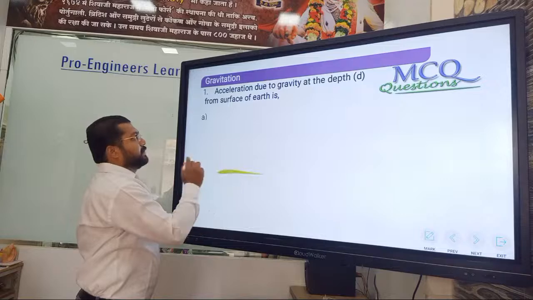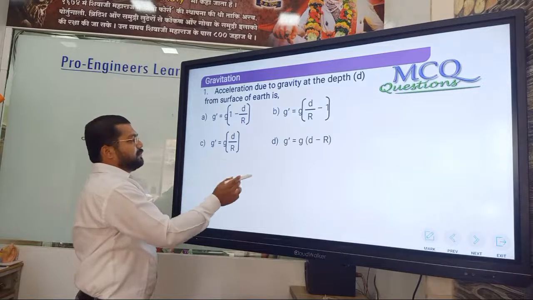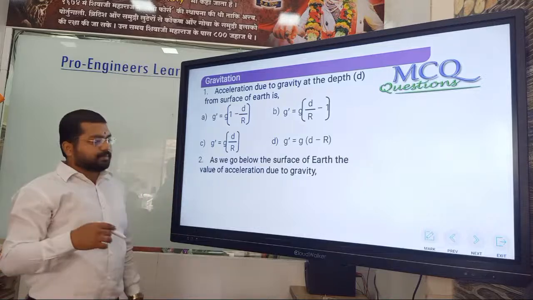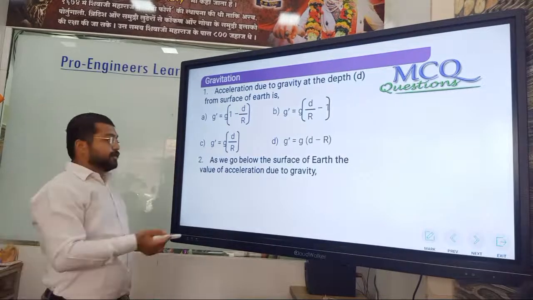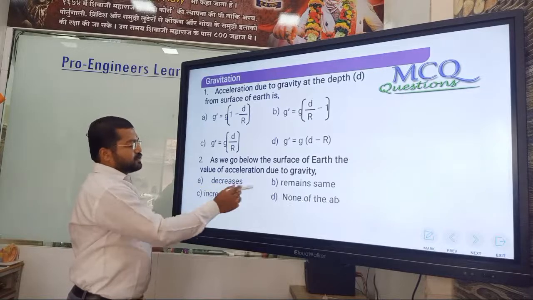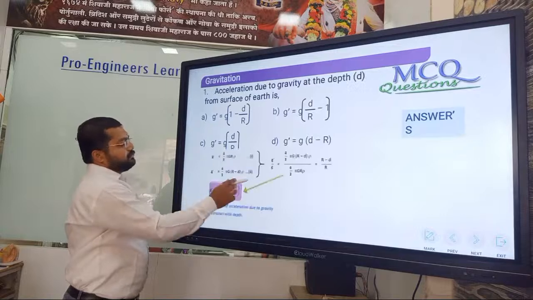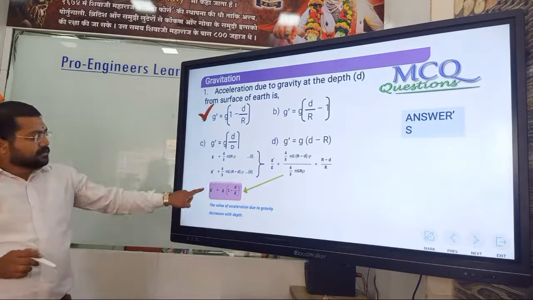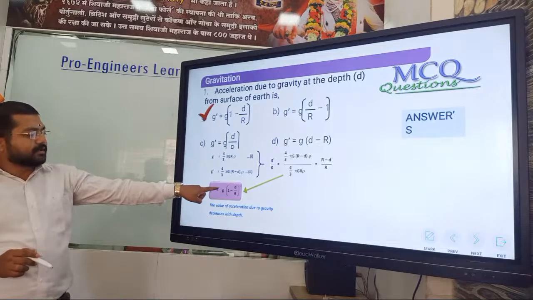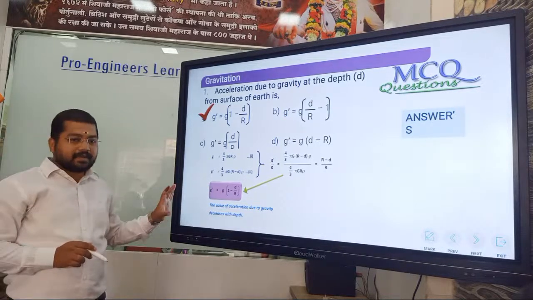Now, based on this, acceleration due to gravity at a depth from the surface of Earth, we will use the previous information to answer these two questions. For the first one, G dash is equal to G in bracket 1 minus D by R. This is what we have studied just now.